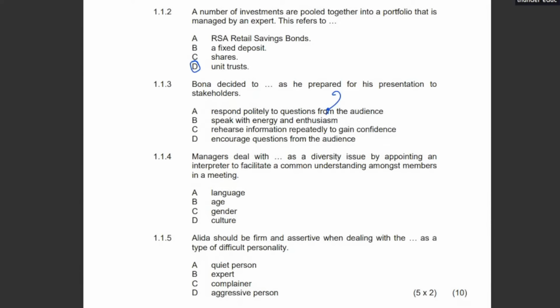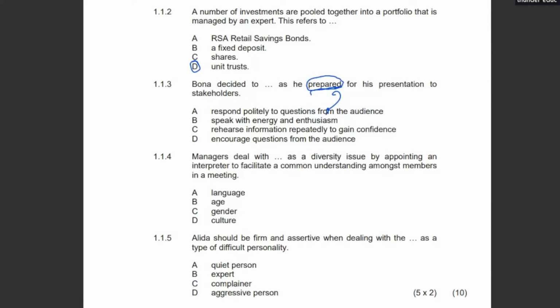Meaning if you check these options given, options A and B address when the presentation has been done or is still ongoing, while in actual fact, the question needs the preparation that should be done.